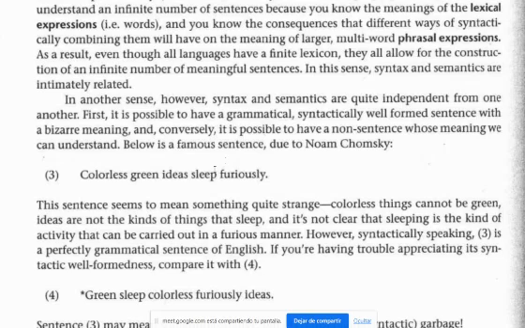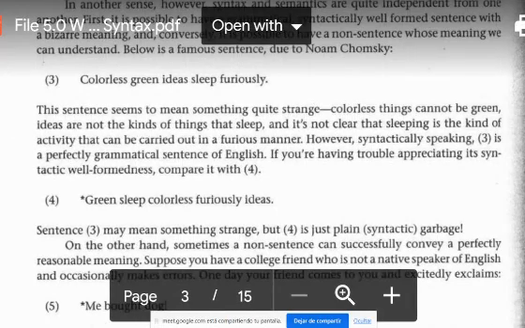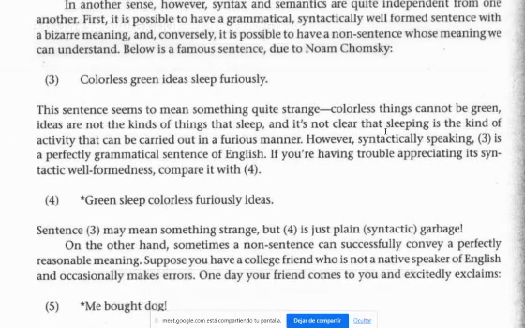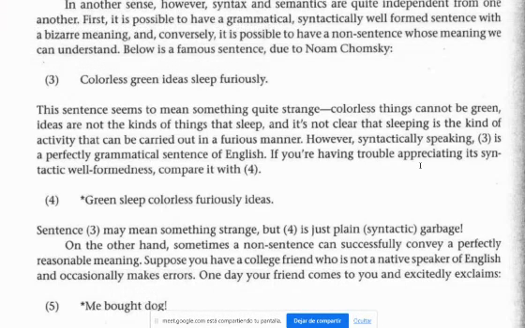But let's see what else they have here. This sentence seems to mean something quite strange. Colorless things cannot be green. Ideas are not the kind of thing that sleep, and it is not clear that sleeping is the kind of activity that can be carried out in a furious manner. However, syntactically speaking, this is a perfectly grammatical sentence. If you're having trouble appreciating its syntactic well-formedness, compare it with number 4.